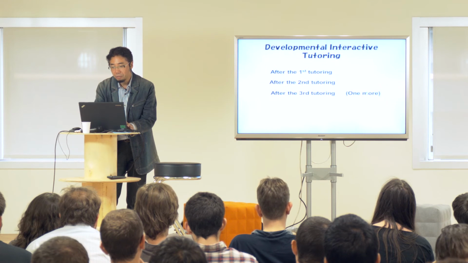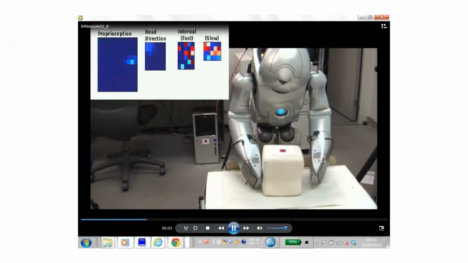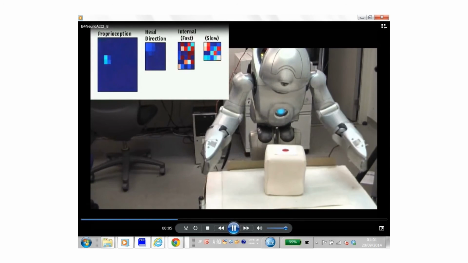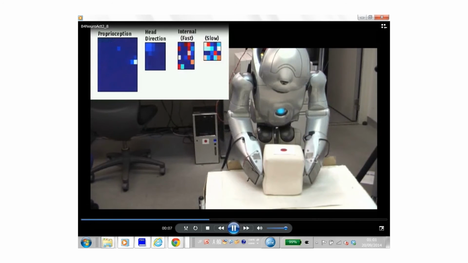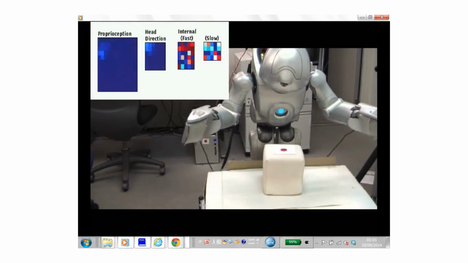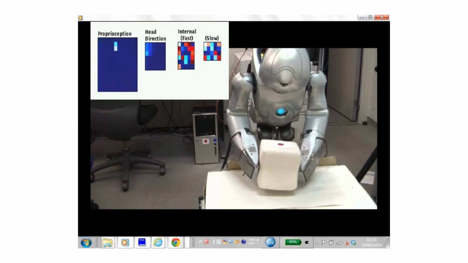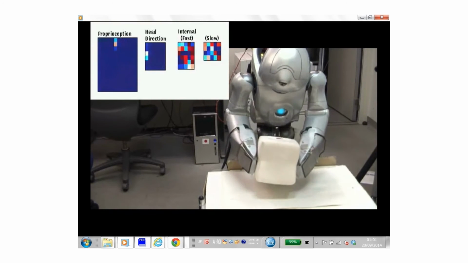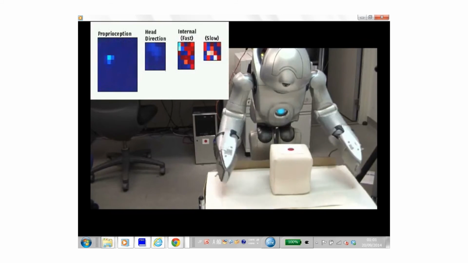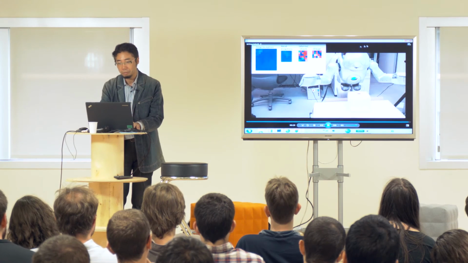If you start from a different initial state, intention state, this is a third task sequence. The slow dynamics part is counting how many times I touch it. Three times he's counting, and then predicting. Now next is a rotating object. Quite contextual things are encoded in this slow dynamics part.